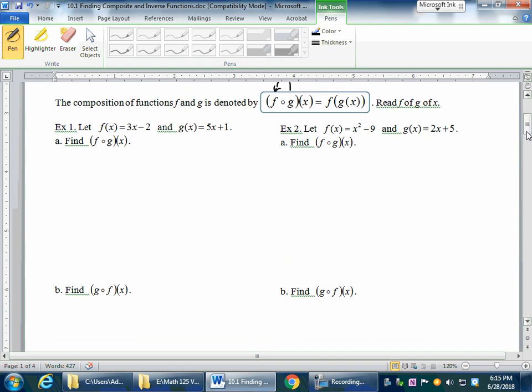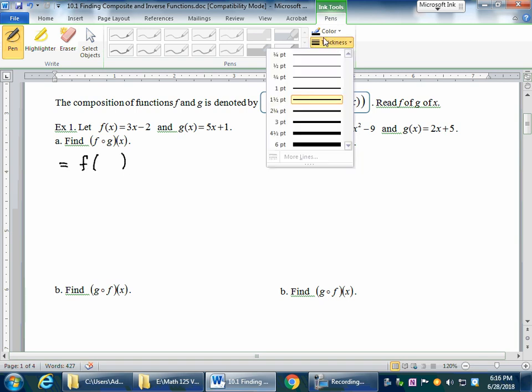So f of x is 3x minus 2, g of x is 5x plus 1. And we are interested in looking for f compose g of x. So according to the formula definition, the equivalent formula will be the f function, where the input will be the g function.